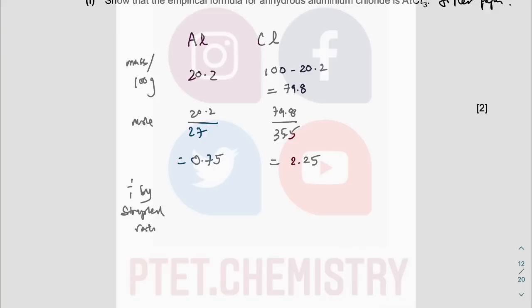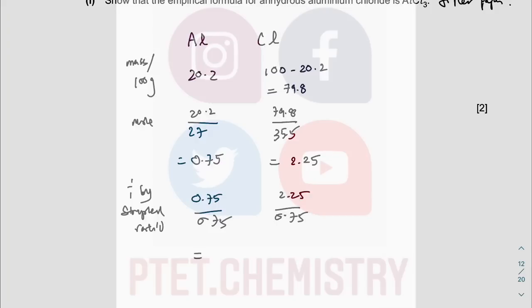I mean, this is the kind of working you need to establish empirical formula. You've got to label your working very clearly, very neat. You don't need a proper table with lines, as long as it's clear the direction that you're going in. There's no point drawing a table unless you really want to. As long as you lay out your working and labels, the examiner can read it, and you should be alright as long as you show all the working and get the correct answer as well.